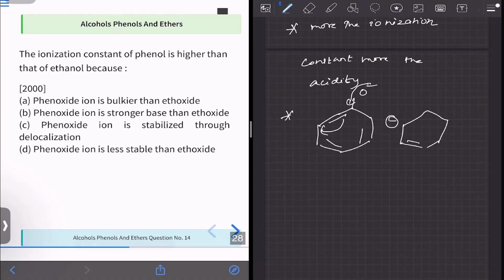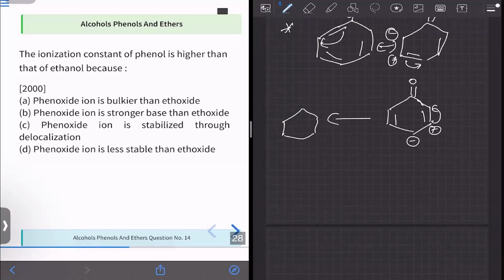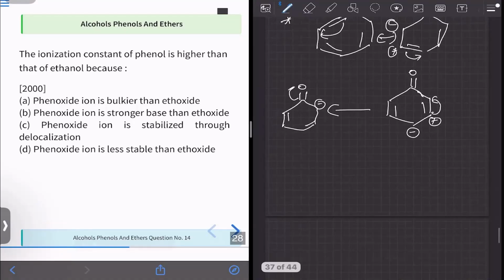It has negative charge, double bond, and double bond O. And whenever this double bond is shifted this side, it has positive here, so it can form double bond here, double bond negative, and double bond O. After shifting this bond here, it has positive charge here, and it can produce double bond, O and negative. Whenever this is shifted here, positive charge appears here. So double bond, O minus, double bond and double bond.